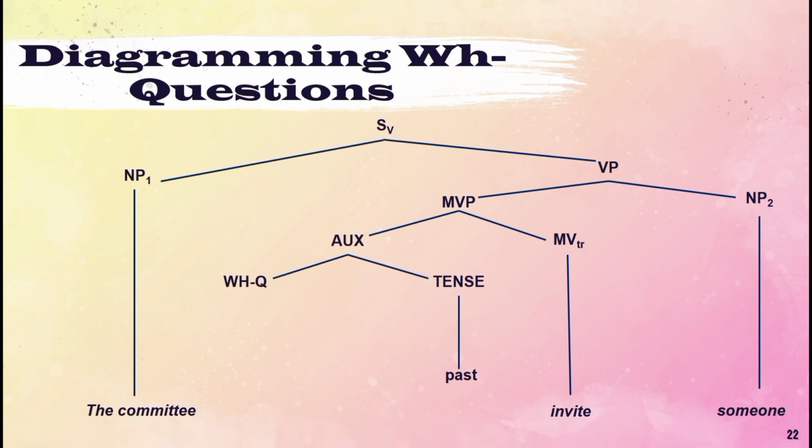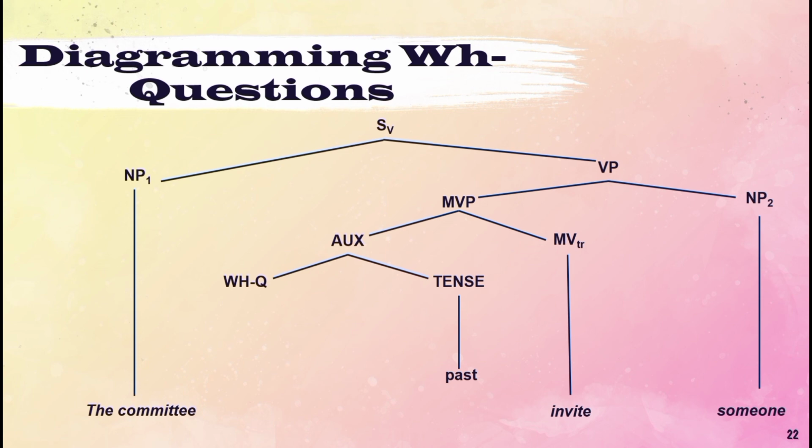As represented in phrase marker trees, the underlying structure of WH questions includes both a WH question node in the auxiliary, and an indefinite word or phrase representing the unknown information being requested.